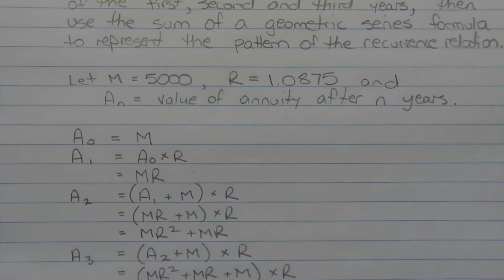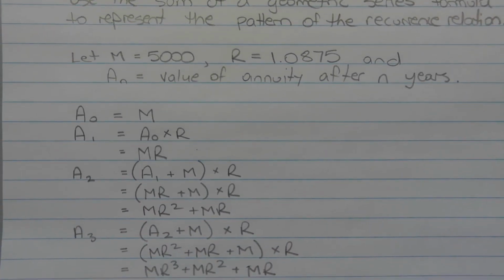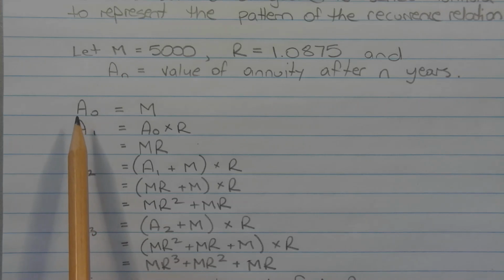Now to model this situation using a recurrence relation. A_0 is equal to M, the value of the annuity initially, so no interest has been earned at this point.